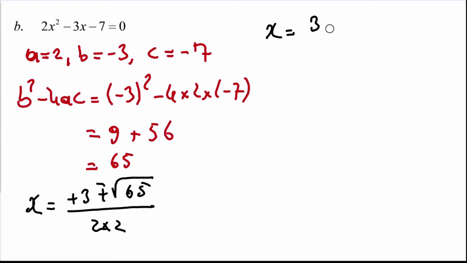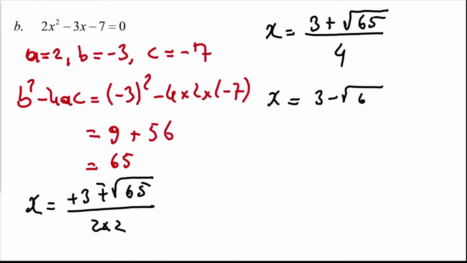So the first x value, the first root, is 3 plus the square root of 65 over 4, right? Let me correct this, I mean change it, it was wrong writing. The other one is x equals 3 minus the square root of 65 over 4. Until this step, you need to use a calculator.